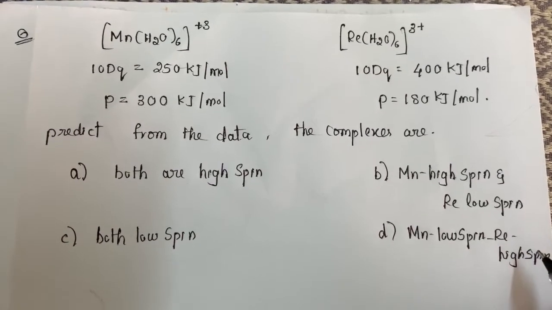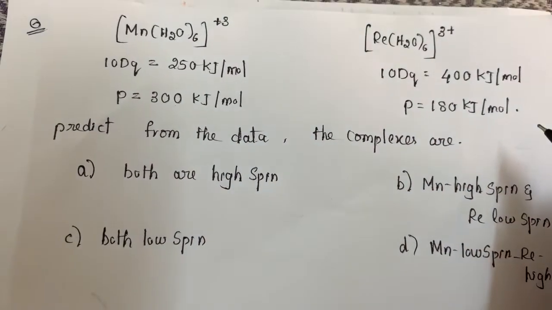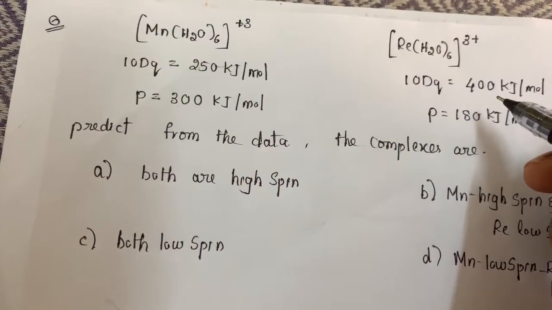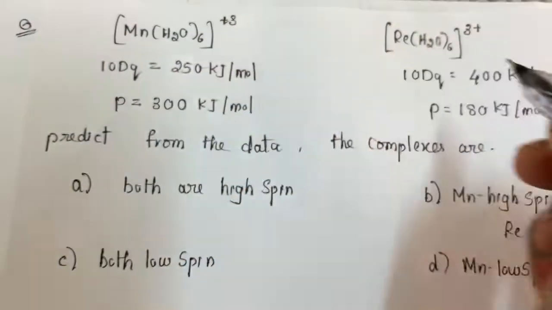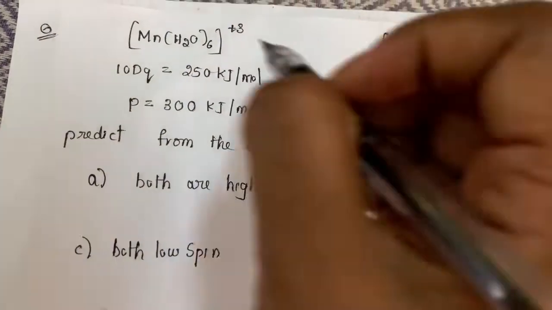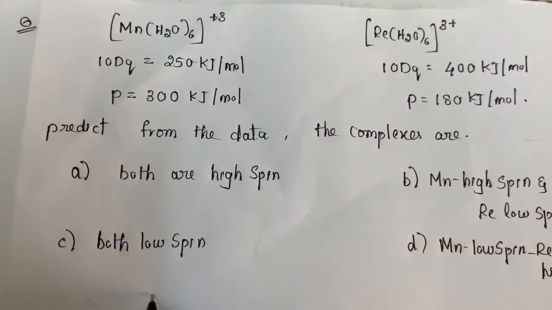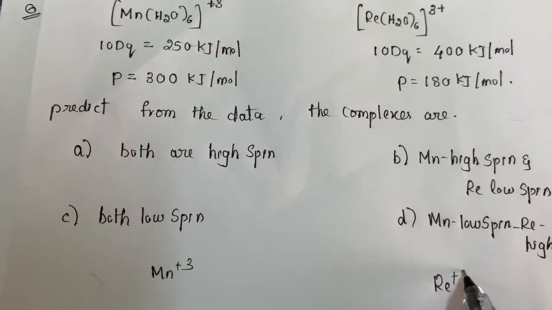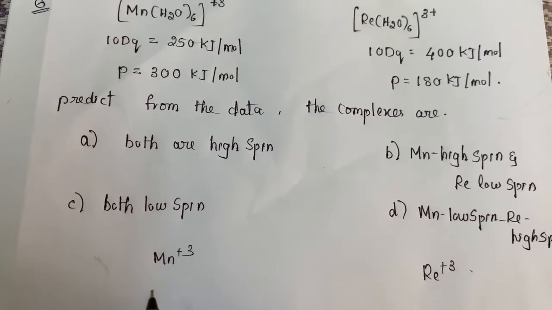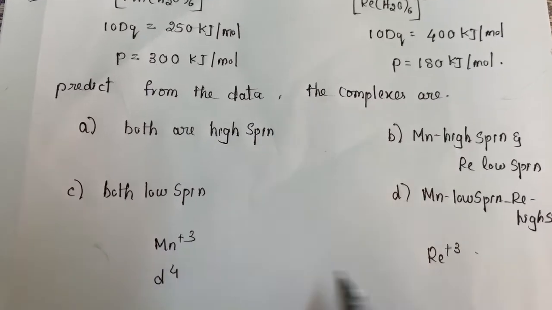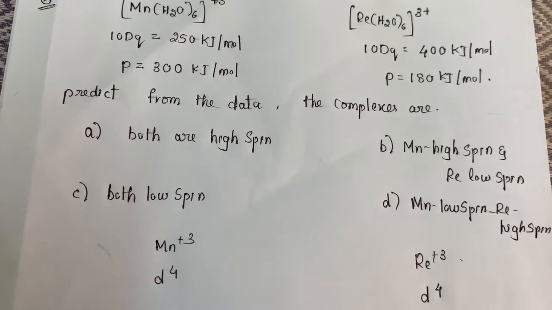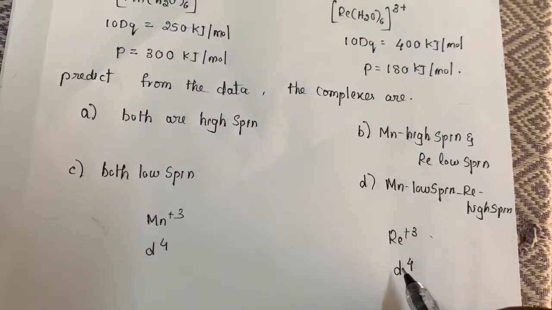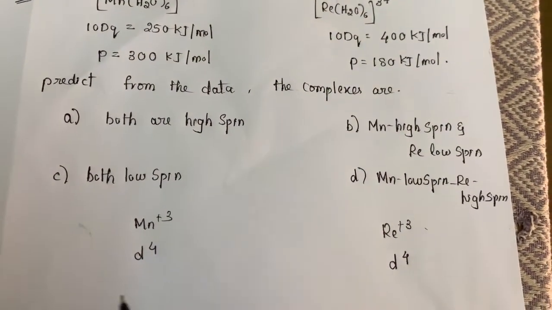Another question: they have given data for two complexes, the hexaaqua manganese complex and the hexaaqua rhenium complex, with the delta O value as well as the pairing energy value. From the above data, first see manganese plus 3 and rhenium plus 3. Both have the same d4 configuration, but the principal quantum number differs. The configuration is the same, d4, but how will the CFSE vary?